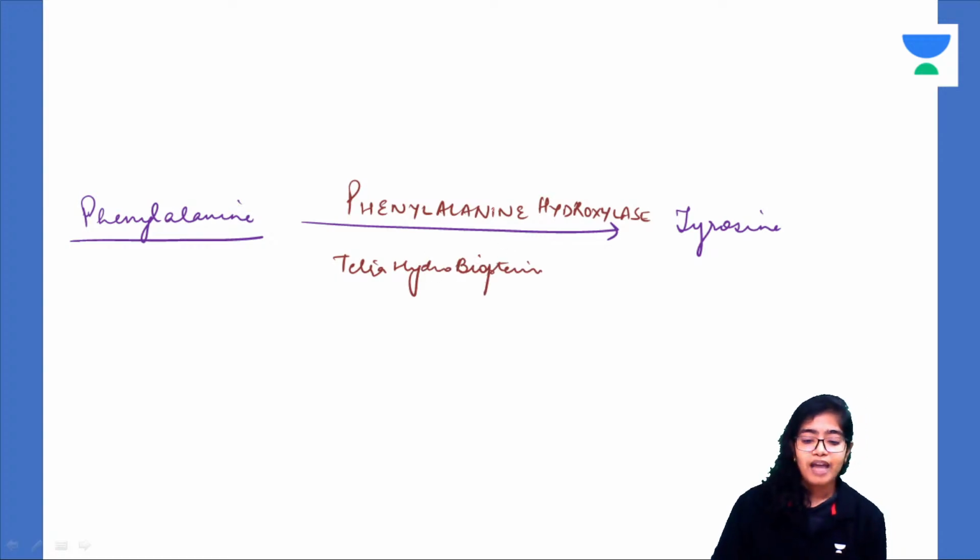Phenylalanine hydroxylase, in the presence of tetrahydrobiopterin, converts phenylalanine, an essential amino acid, into tyrosine, which is a non-essential amino acid. Now, if this enzyme is absent, or if tetrahydrobiopterin is absent, in both cases what will happen? This reaction cannot go.